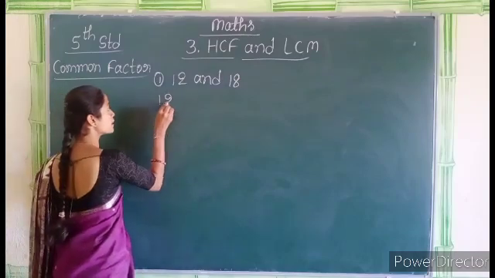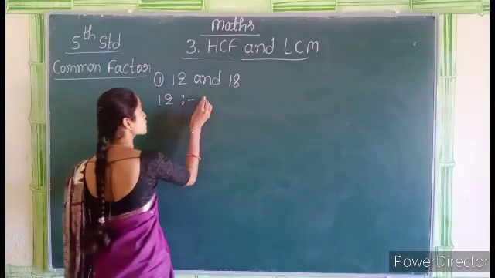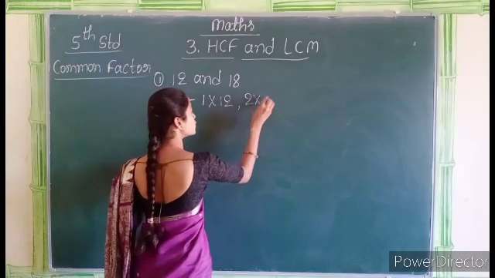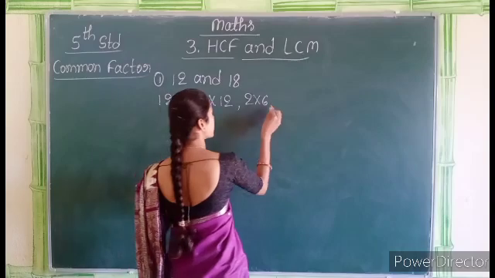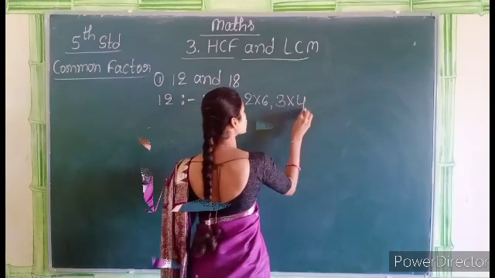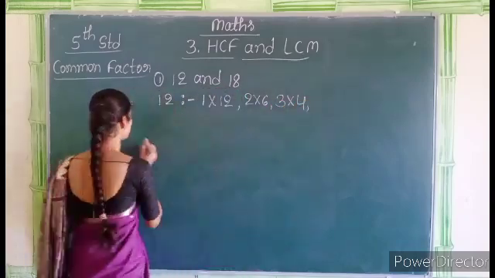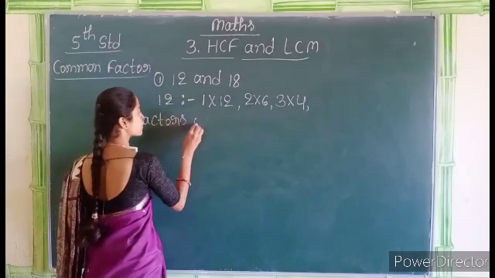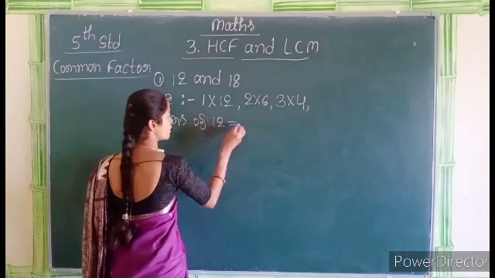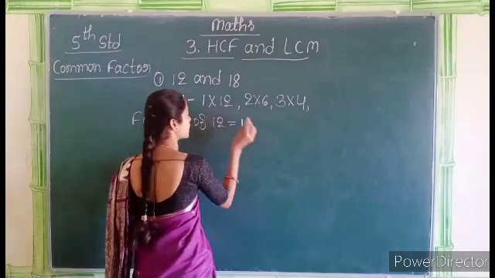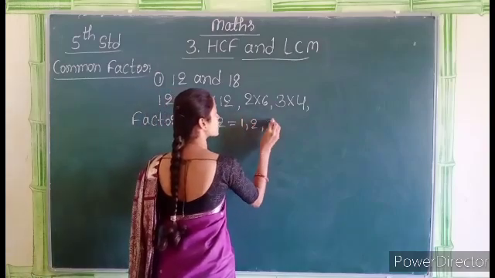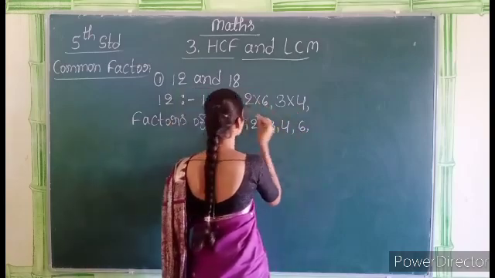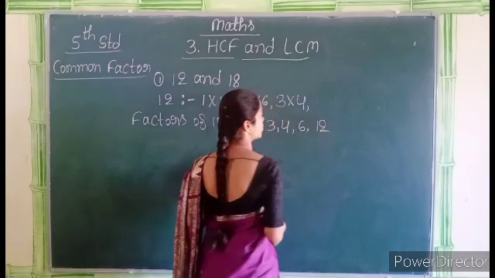So 12 can be represented as 1 into 12, then 2 into 6, then 3 4s are, and the factors of 12 are 1, then 2, 3, 4, then 6, then 12.